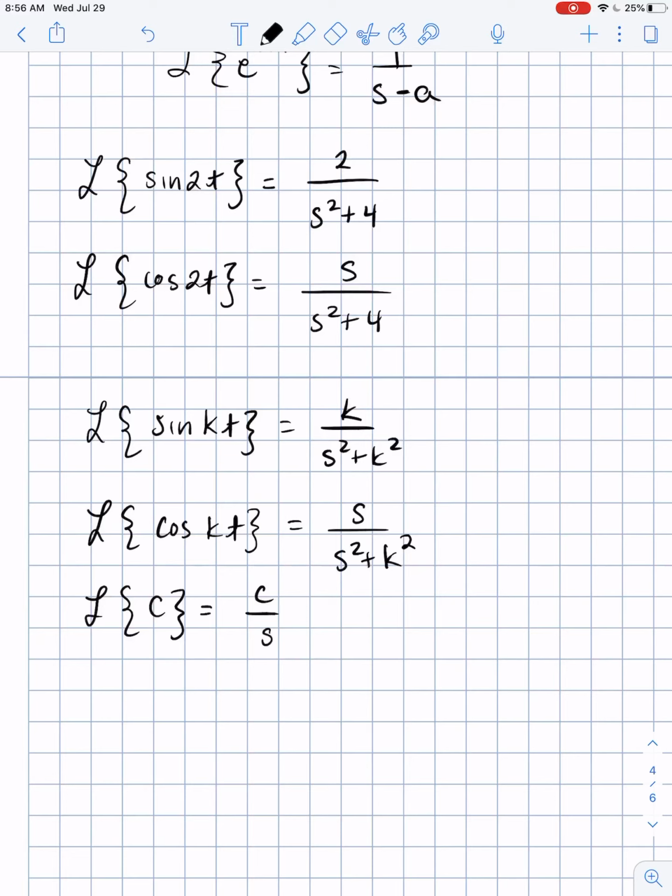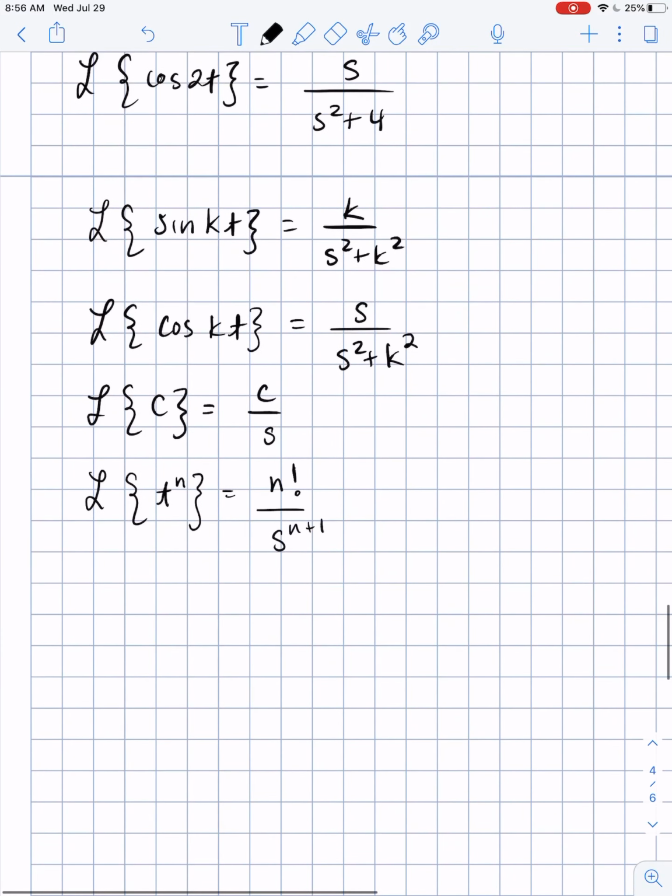If you have a power, t raised to the nth power, it's just going to be n factorial over s raised to the n plus 1. If you have the exponential e raised to the at, that's just going to be 1 over s minus a.